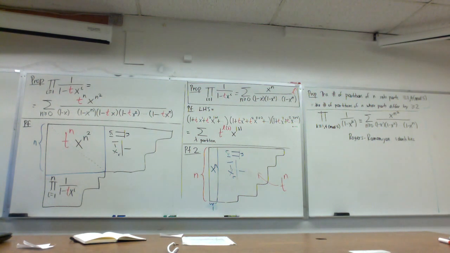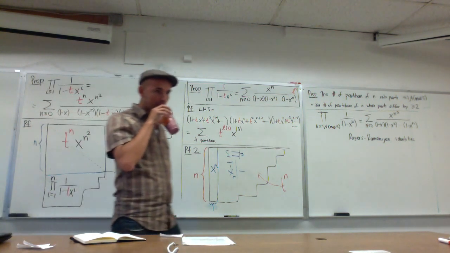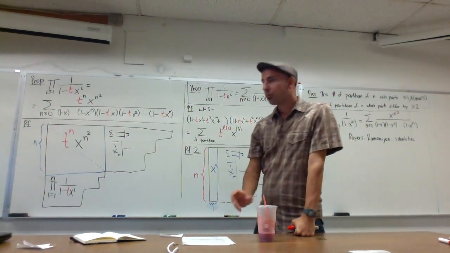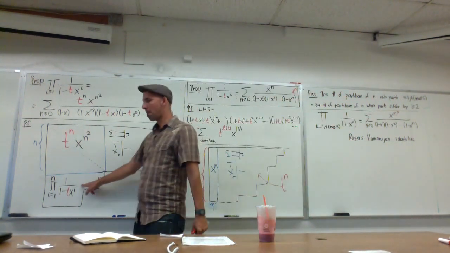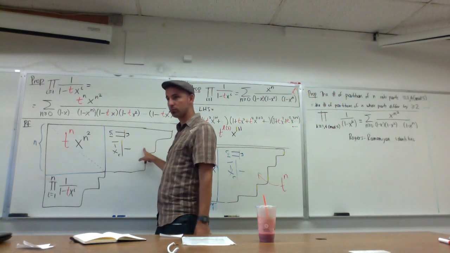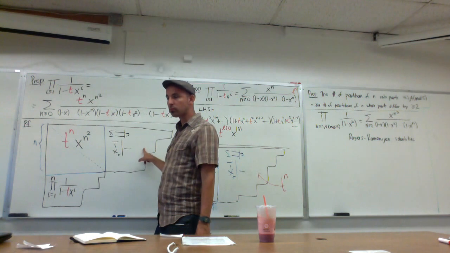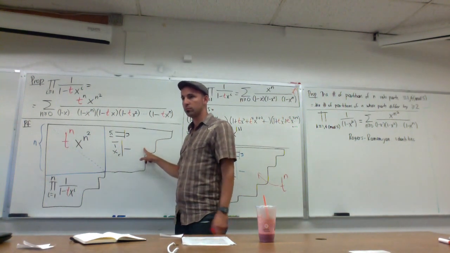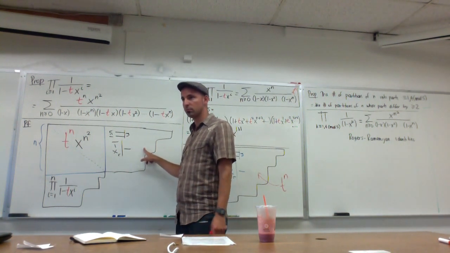A question. You know how we're using that generating function for the parts being at most n? This one, the top one. When you proved it, I think last class, you said that was a generating function for the number of partitions of n with parts less than or equal to k.